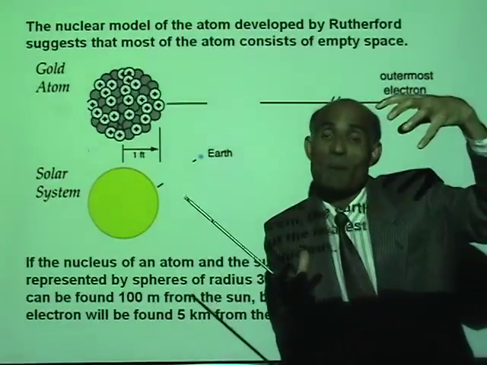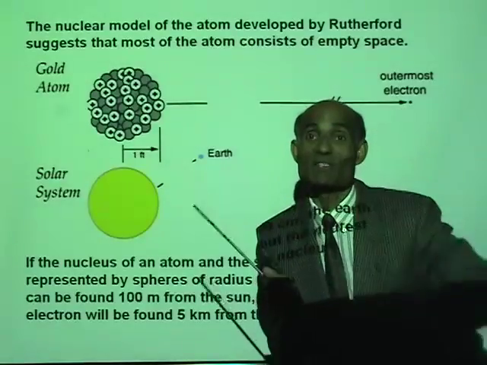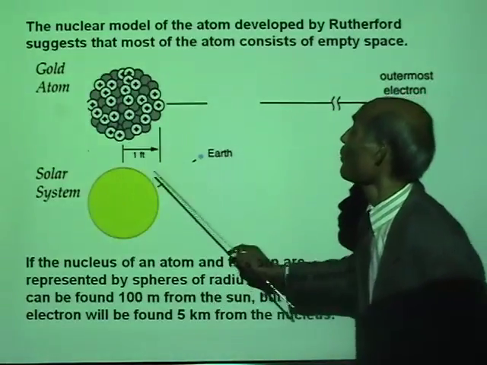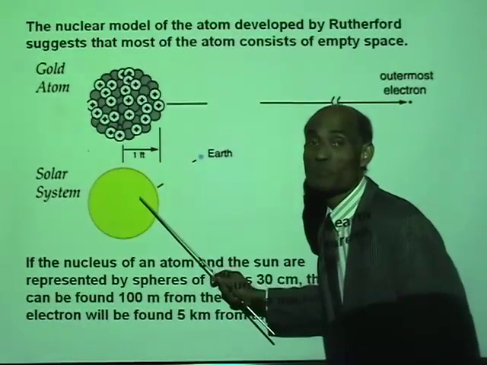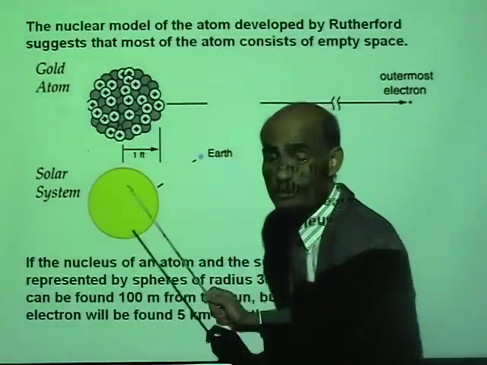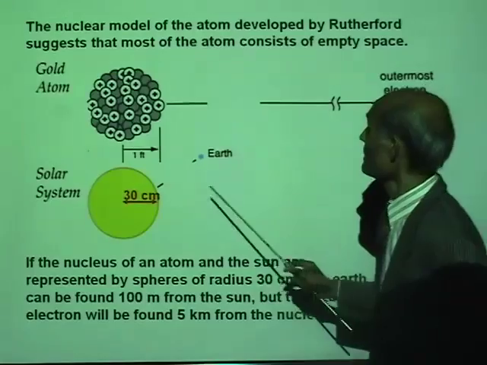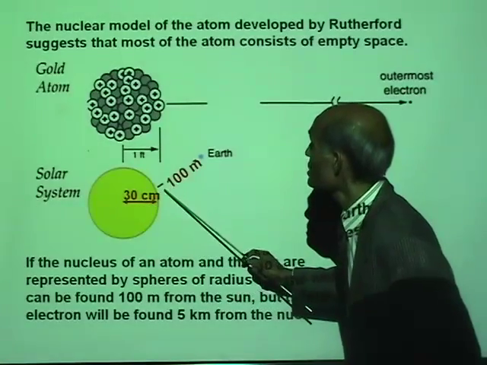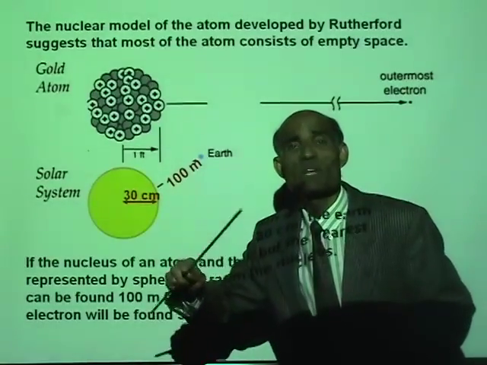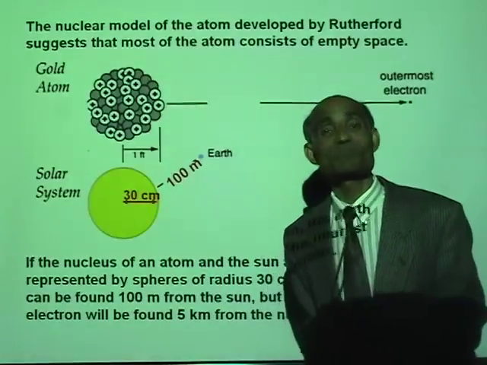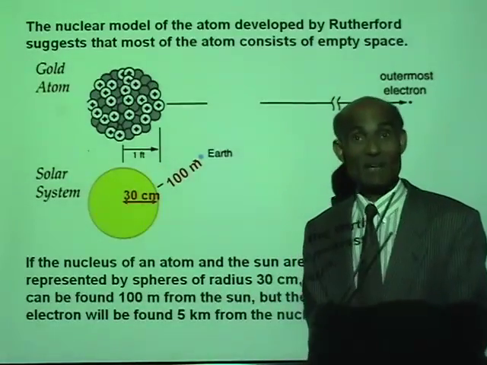If both are made the same size, looking at the solar system, where will our Earth be? How far will our Earth be? You see, this is 30 centimeters. Our Earth will simply be 100 meters from the sun on that scale.